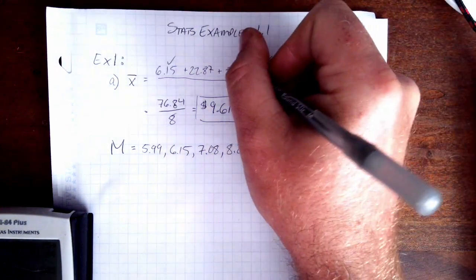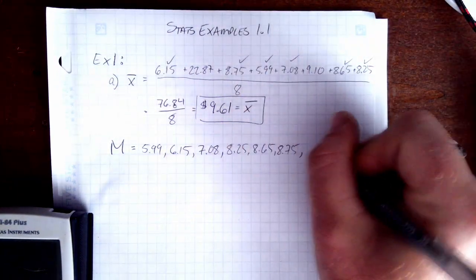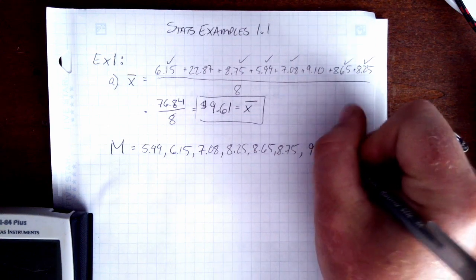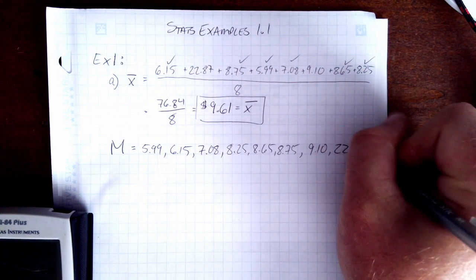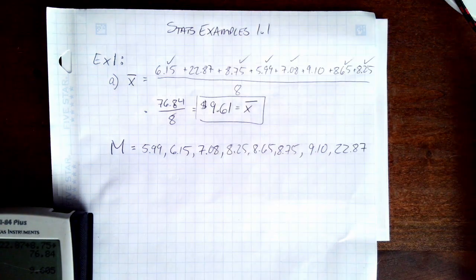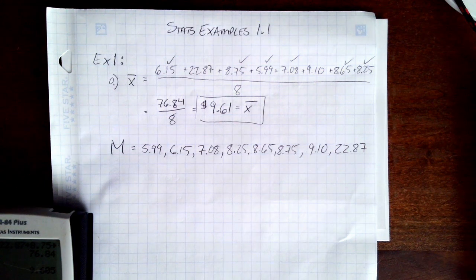Just listing them. 9 and 10. And then finally our 22.87. And again, that 22.87 is twice as big as the next biggest number. So that kind of stands out a little bit. So that's getting ready for part B.